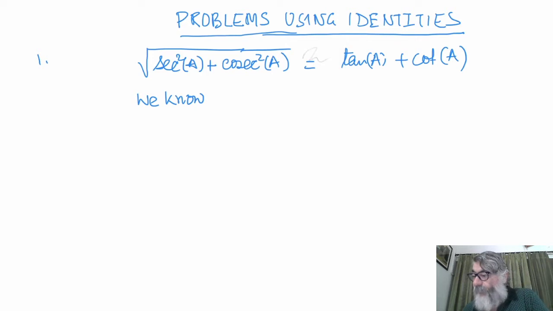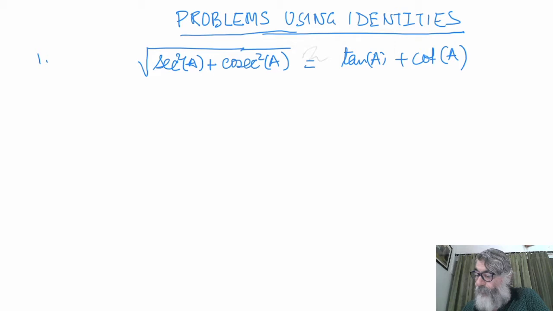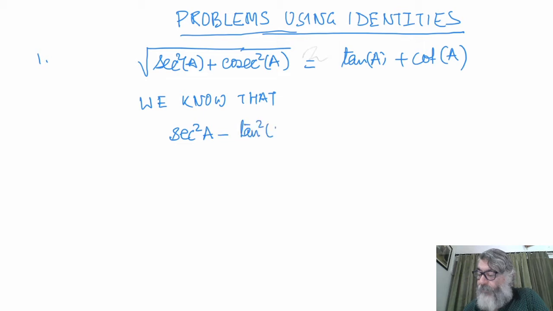We know that sec square A minus tan square A is equal to 1. This is one of the identities which we know.